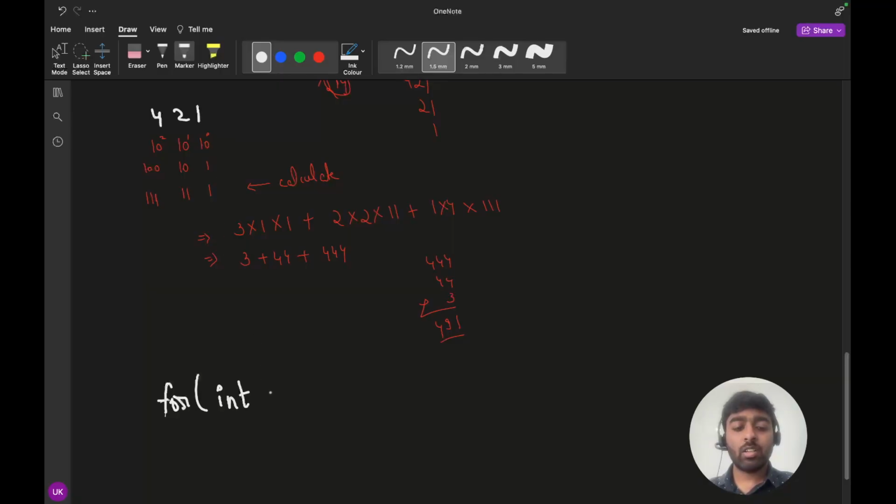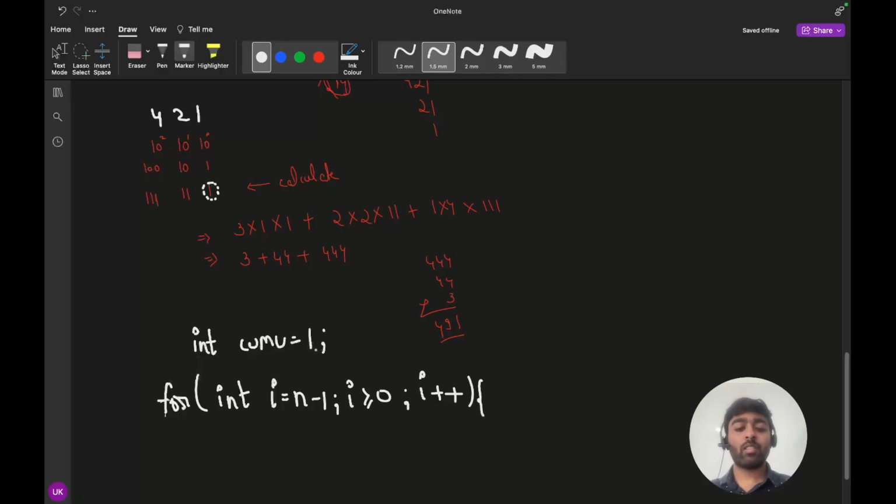So for i equal to n minus 1, i greater than or equal to 0, i minus minus. I also have to see this cumulative. Instead of storing this in advance, I will calculate while going. So I will create int cumulative. In the starting it is 1.